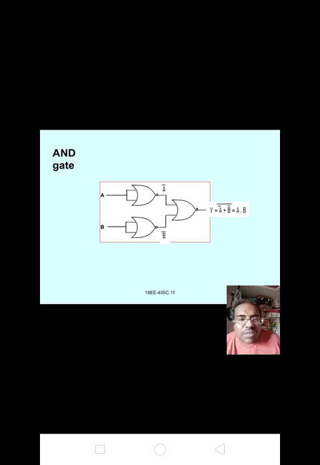For the third NOR gate we give the first NOR gate output and the second NOR gate output. A bar and B bar are the inputs for the third NOR gate. Now the output for the third NOR gate is Y equal to A bar plus B bar whole bar, equal to A bar bar into B bar bar, that equals A into B.